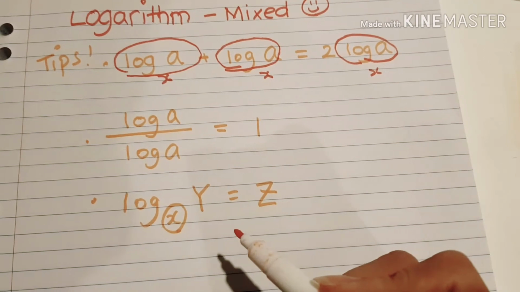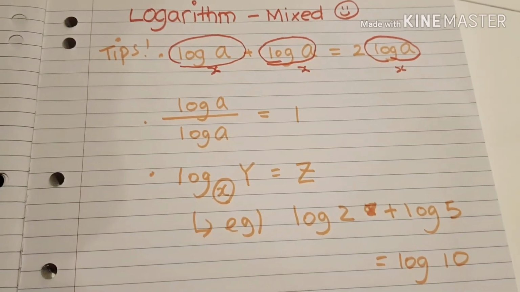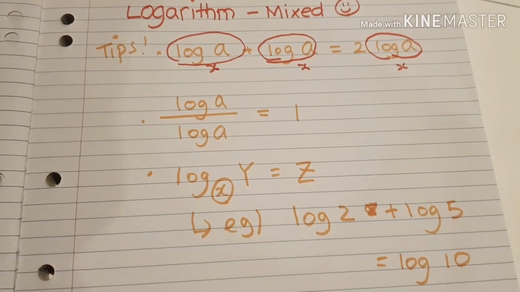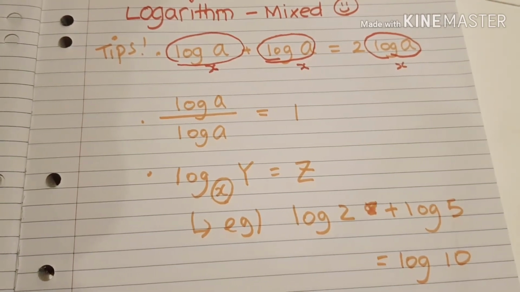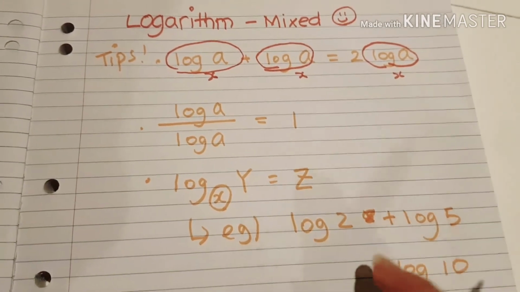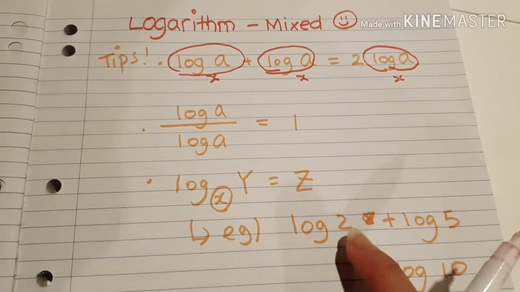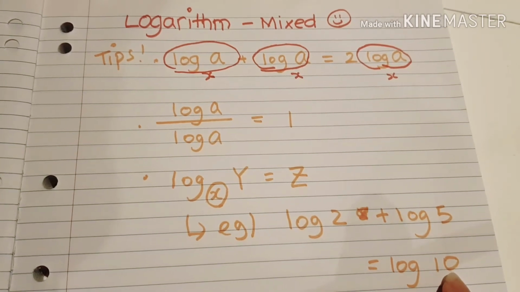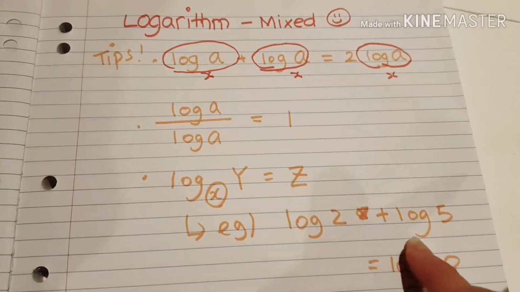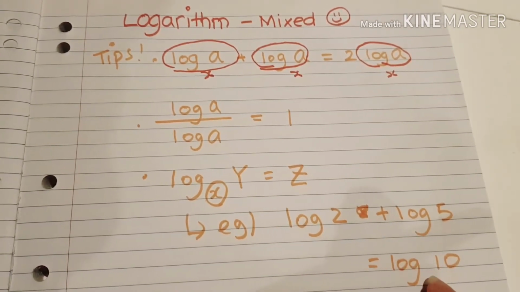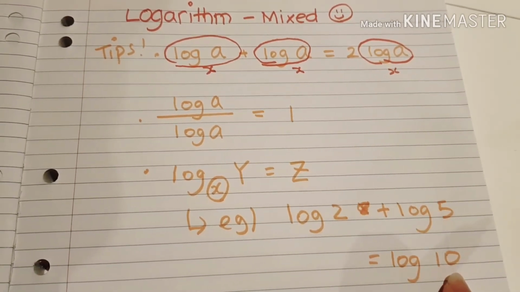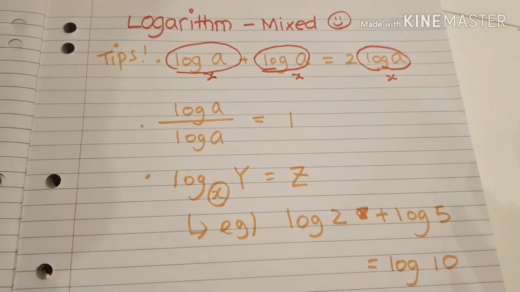For example, in yesterday's lesson, the logarithm rule where we add the logs together, we multiply: 2, 5, then we multiply these together and became 10. However, in this question, there's no base. The base is all missing. Then, what is the base?